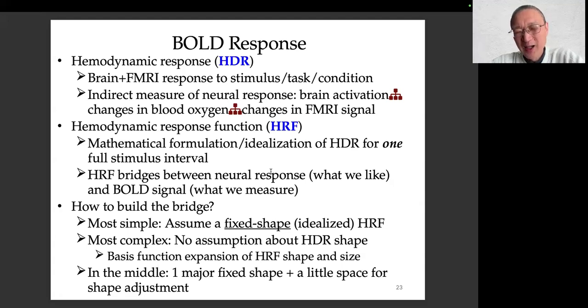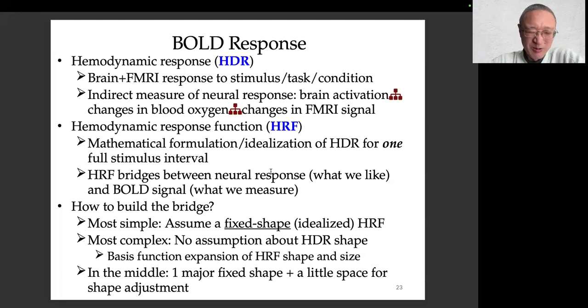What does that mean? Impulse means we give the participant an instantaneous stimulus, a short period of time, for example, 1 TR or less, right? So 2 seconds or less, we consider that pretty short, right? For example, push a button or respond to something shown on the screen for a short period of time. We call that the impulse response of the neural activity.